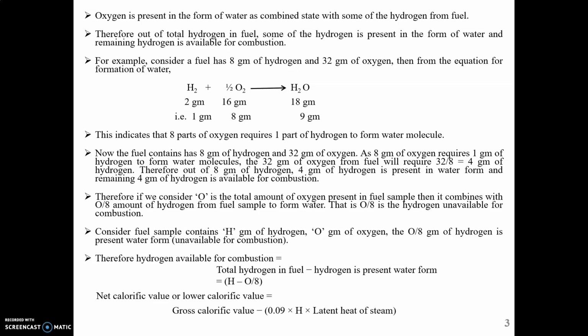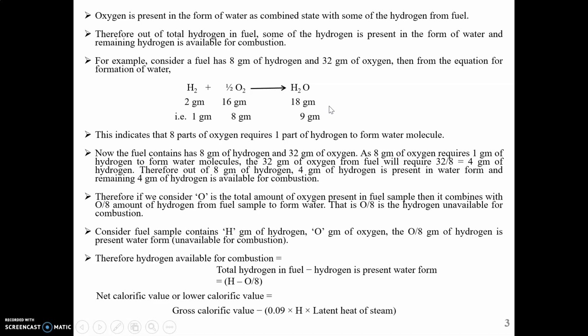Suppose the fuel has 8 gram of hydrogen and 32 gram of oxygen. Then from the equation for the formation of water, 1 mole of hydrogen combines with half mole of oxygen to form 1 mole of water, that is, 2 gram of hydrogen combines with 16 gram of oxygen to give 18 gram of water.